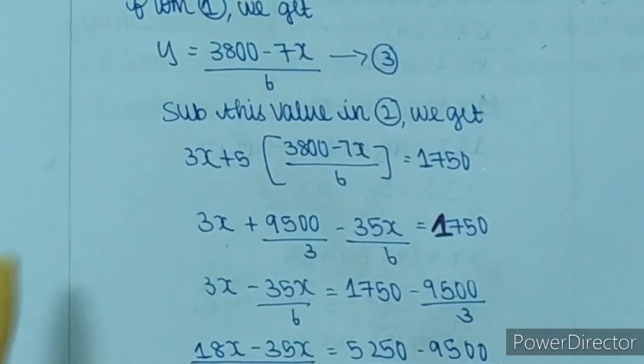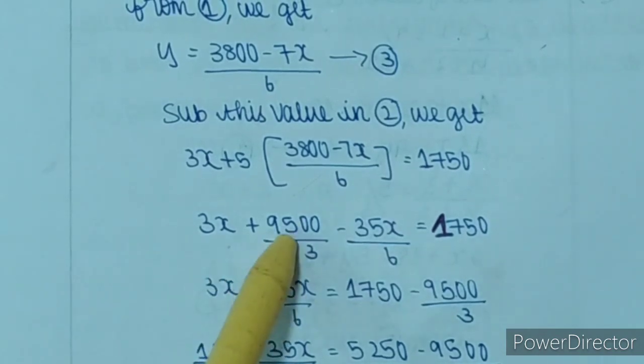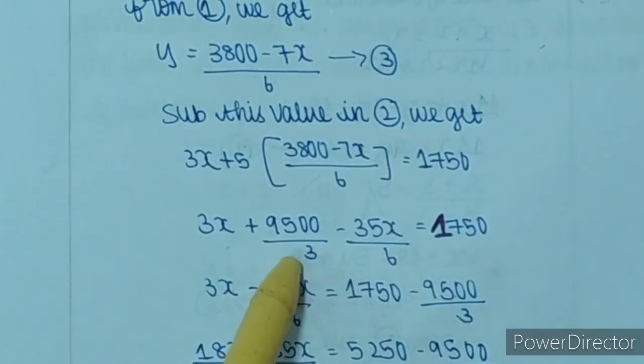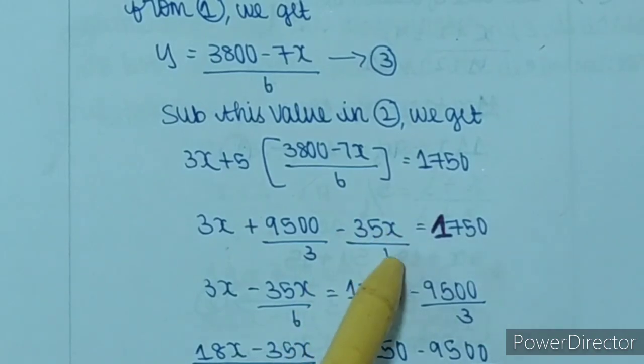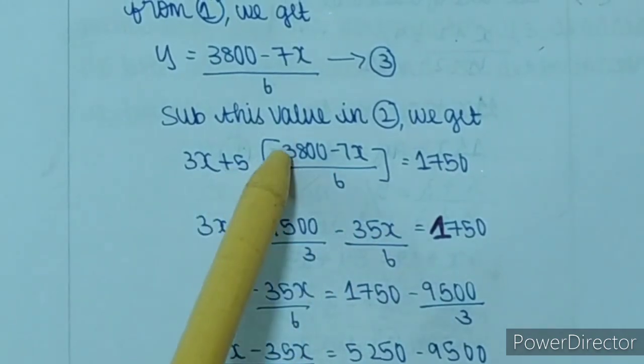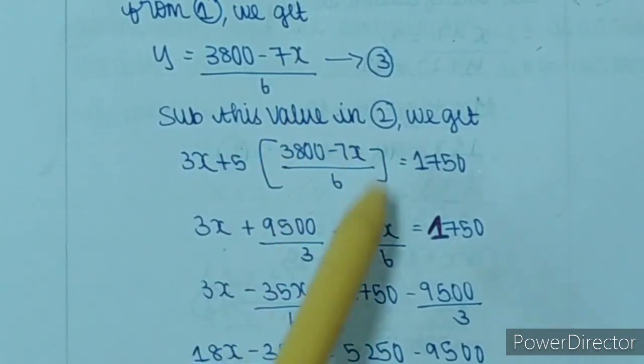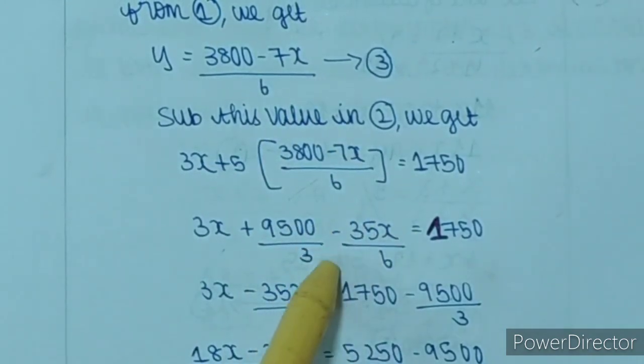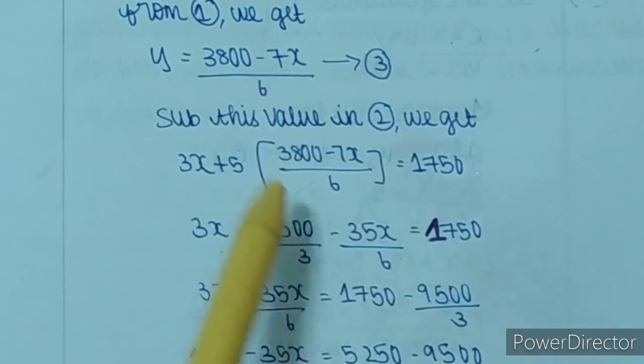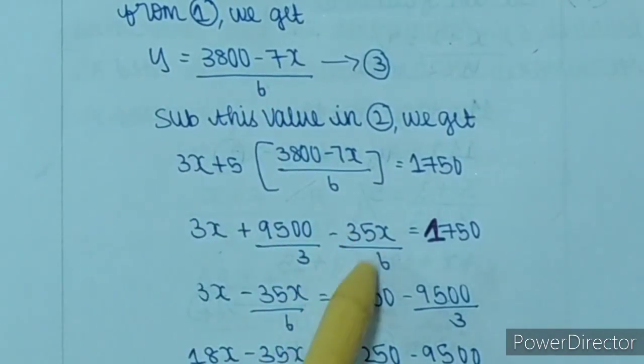Now, you will wonder how we have got this 9,500 by 3 minus 35x by 6. Here, 5 into 3,800 is equal to 19,000 minus 5 7s is 35x by 6.